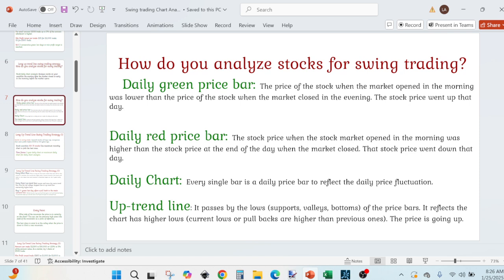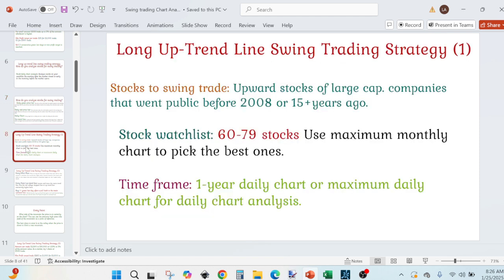As a swing trader, you can trade on a daily chart. You analyze the chart using the daily chart. You buy and sell using the daily chart for your analysis and your entry point. So it's good to have a watch list of stocks that you analyze on a daily basis.